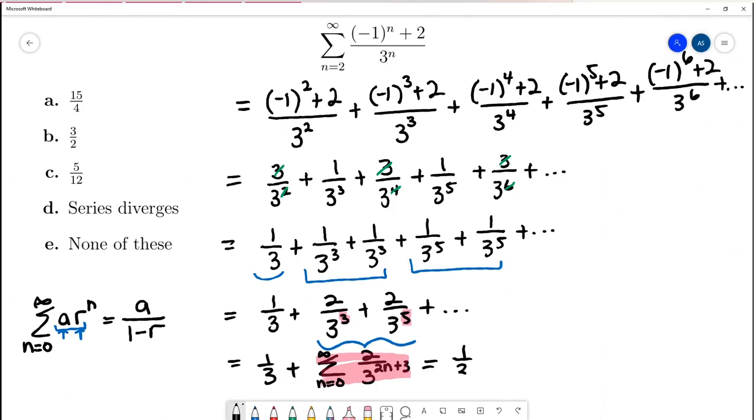So let's write this as 1/3 plus, and I'm going to apply this 3 and apply this 2 so I can get r to a power, the base 3 to a power. So the sum n equals 0 to infinity of 2 over 3 squared to the n times 3 to the 3.